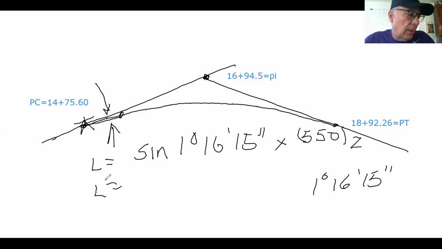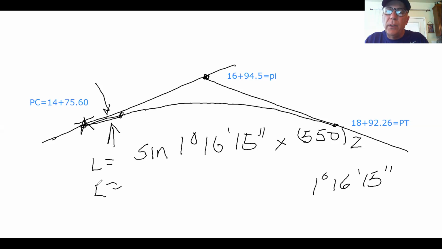The length of that first arc is going to be, let me follow up with my calculator so we can go ahead and do that. 1 degree, 16 minutes, 15 seconds. Again, remember, you must convert that to decimal degrees.